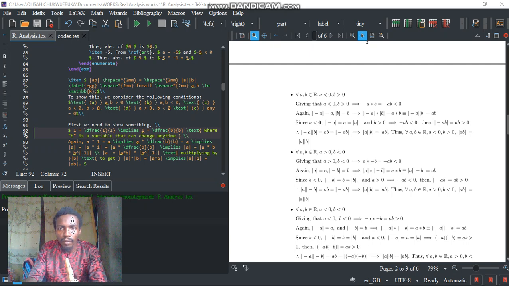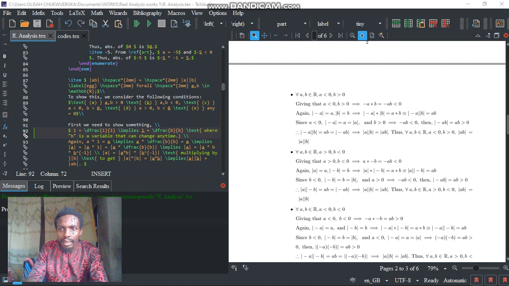Now, absolute value of negative A is equal to A, which also equals absolute value of A. And B is greater than 0, meaning that absolute value of B is equal to B. Thus, negative AB is less than 0.